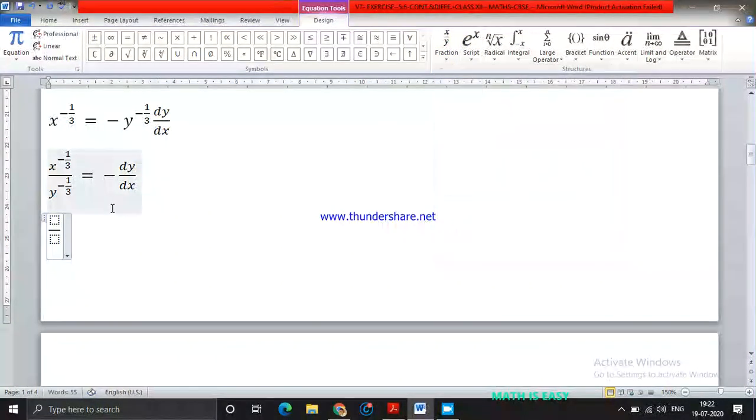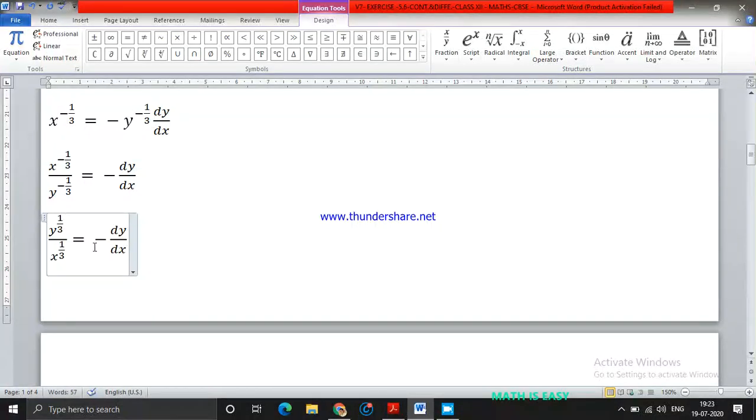This will go as a fraction. If you remember the identity of 1 upon a to the power of minus n, you can write it as a to the power of n. If a negative exponent term is in the denominator and you bring it to the numerator, it will become a positive term. So here what will come is y to the power of 1 by 3 upon x to the power of 1 by 3, equals to finally minus dy upon dx.